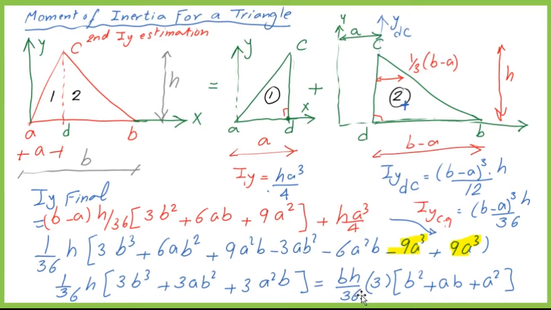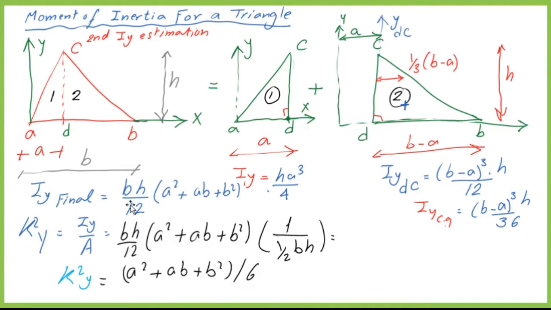Then we have bh over 12 multiplied by b squared plus ab plus a squared. This is the final expression, bh over 12 multiplied by a squared plus ab plus b squared. This is the moment of inertia in the y direction for triangle ABC.